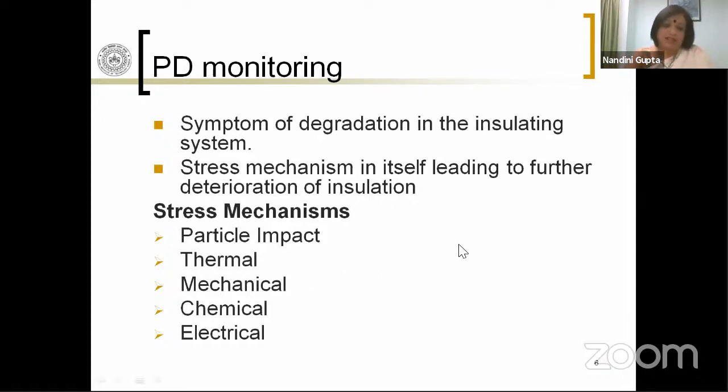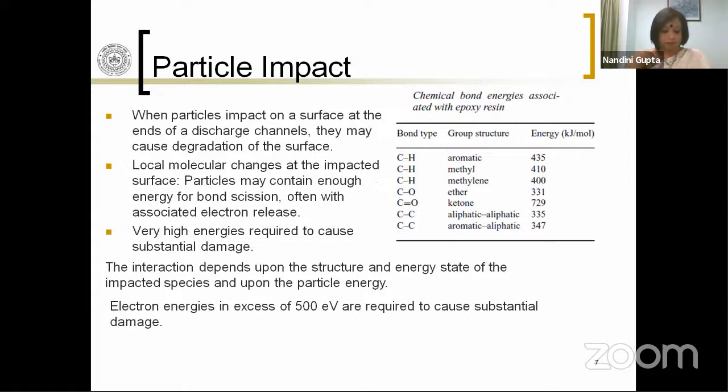So the stress mechanisms that we see in PD are particle impacts, thermal, mechanical, chemical, electrical. Let me briefly touch upon these various stress mechanisms. The first stress mechanism is particle impact.